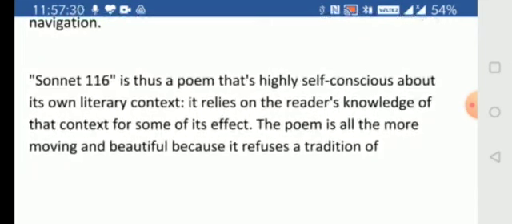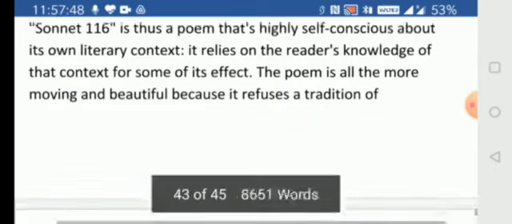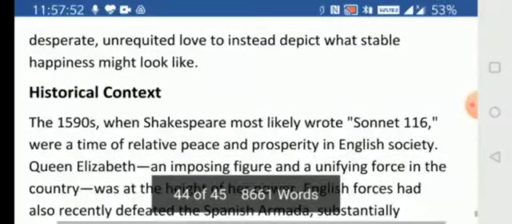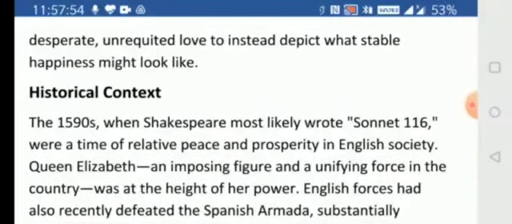Sonnet 116 is thus a poem that is highly self-conscious about its own literary context. It relies on the reader's knowledge of that context for some of its effect. The poem is all the more moving and beautiful because it refuses a tradition of desperate, unrequited love to instead depict what stable happiness might look like.